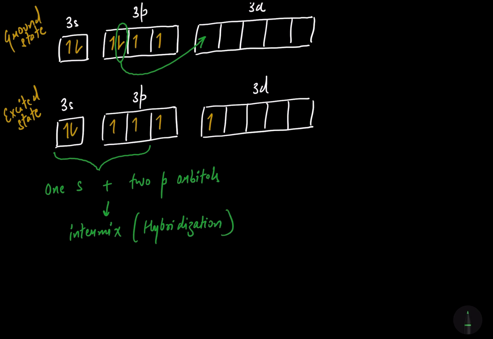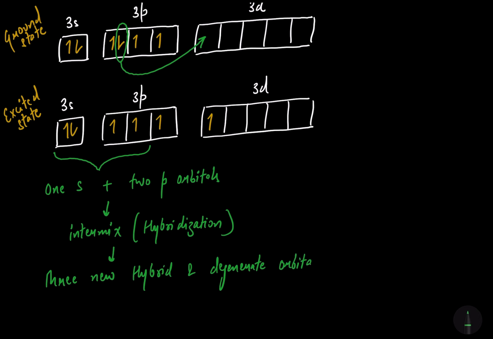So we are mixing 3 atomic orbitals, 1 s and 2 p, so we will get 3 new atomic, or we can say hybrid, orbitals. We will get 3 new hybrid and degenerate orbitals also, because they will be of equal energy.